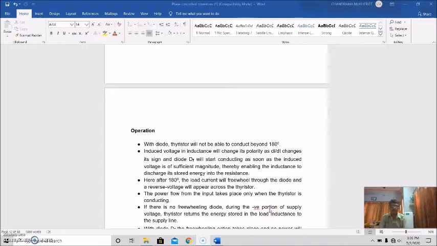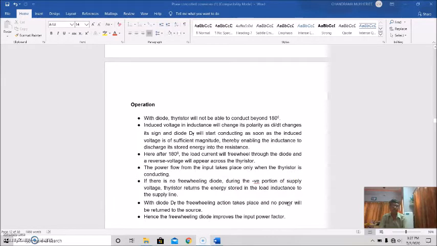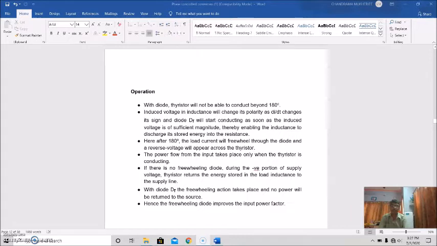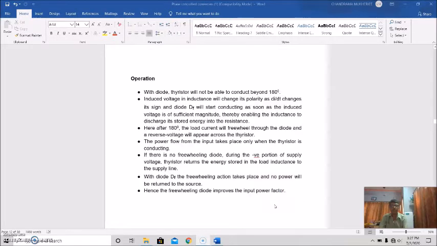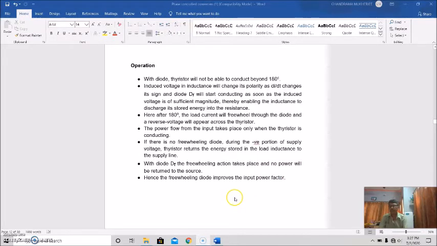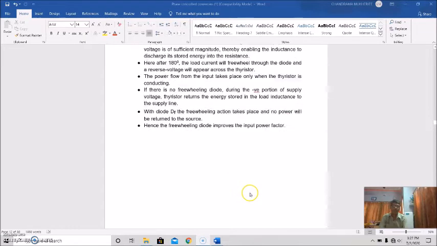The power flow from the input takes place only when the thyristor is conducting. If there is no freewheeling diode, during the negative portion of the supply voltage the thyristor returns the energy stored in the load inductance to the supply line. With the freewheeling diode, the freewheeling action takes place and no power will be returned to the source. Hence, the freewheeling diode improves the input power factor.